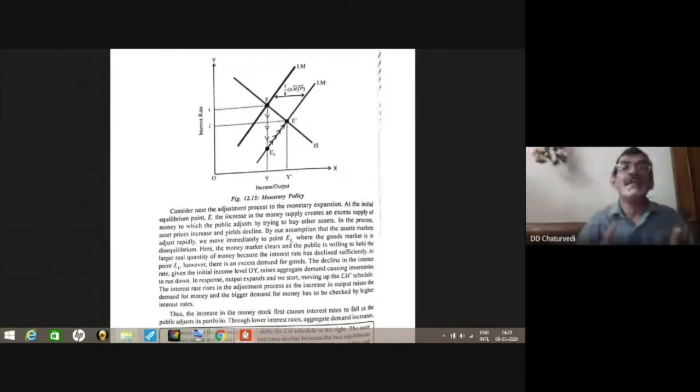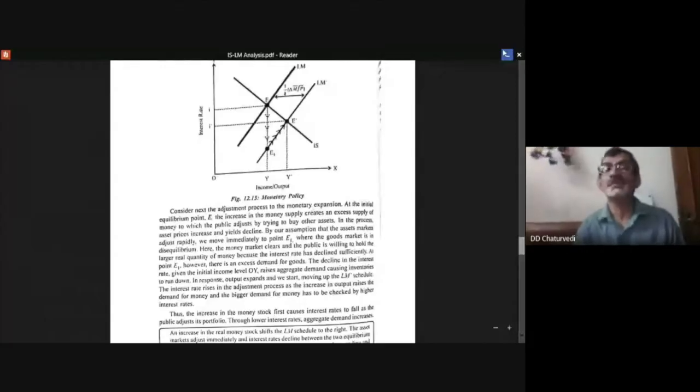At E, both money and product market are cleared. At E1, only the money market is cleared. That means there is equilibrium only in the money market. At E dash, again we have equilibrium in both product and money market. Figure number 12.15 is before you.